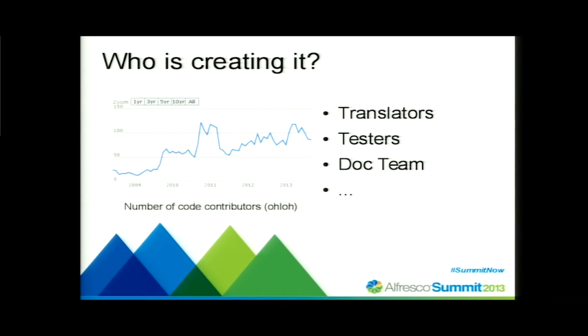So who is creating it in the end? This trend shows figures extracted by Ohloh on the LibreOffice project, from the Git repository of LibreOffice. You see that we have something like 70 unique contributors per month, which is amazing. These are only code contributors.